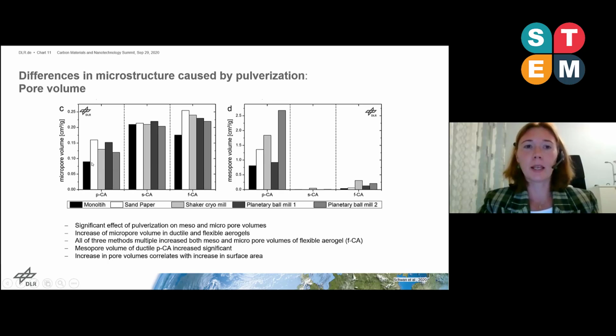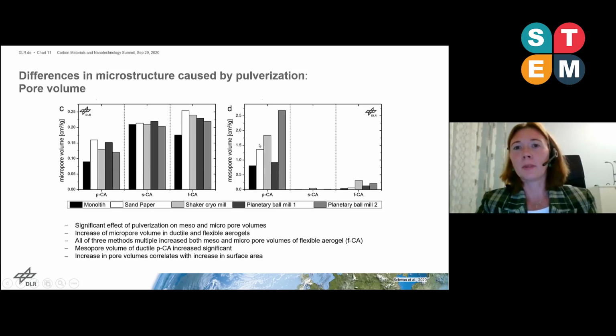And here we see again that in the ductile carbon aerogels, we could increase the micropore volume. The stiff carbon aerogels show very, very small differences in the structure. And again, the flexible one shows very high differences in the micropore volume.